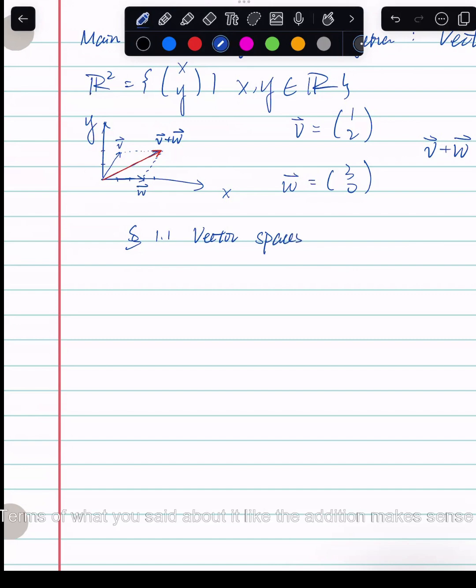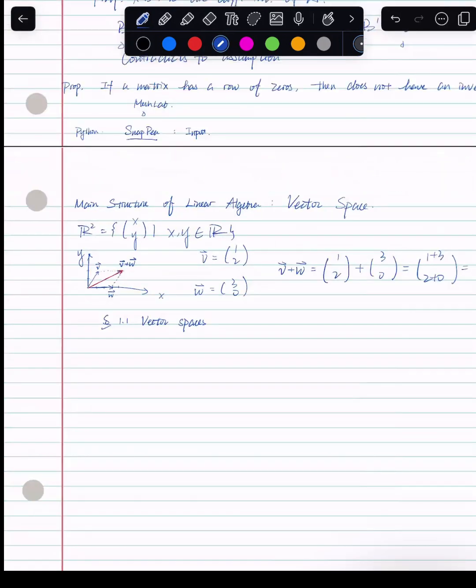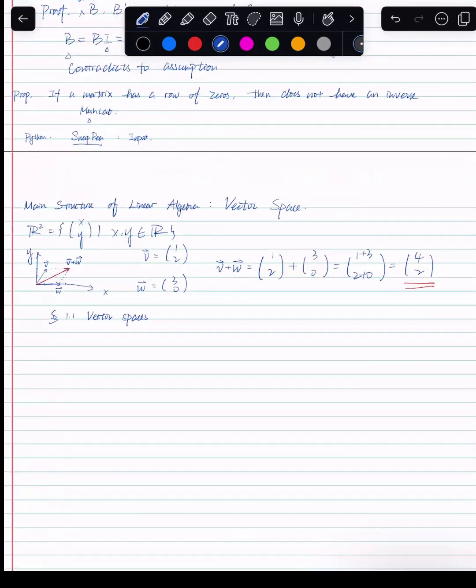In terms of what you said, the addition makes sense in terms of space, because I see the algebraic reason. What was the other reason?